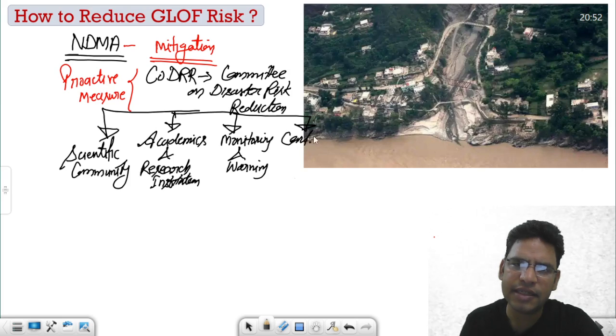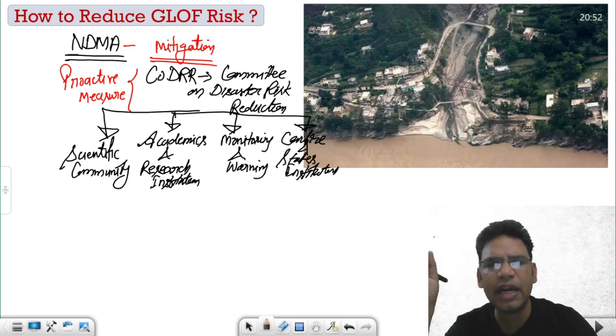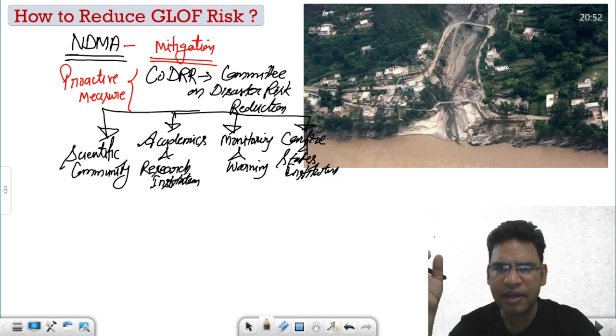सो एंड उसके अलावा जो स्टेट्स एंड सेंटर के जितने इंस्टीट्यूशंस हैं, स्टेक होल्डर्स हैं, they will come together and bring out the best possible mitigation strategies, right?